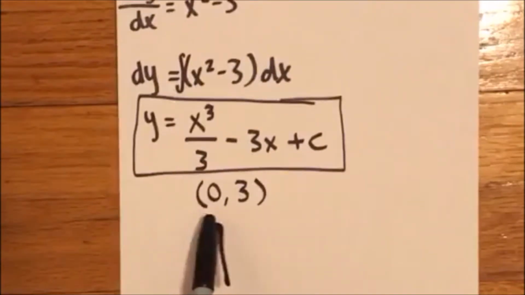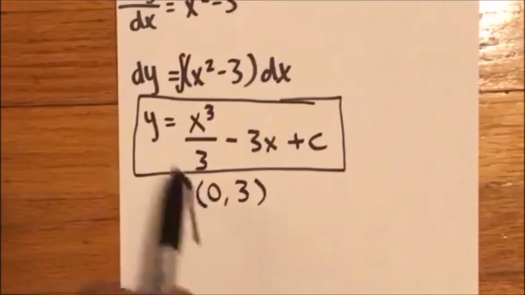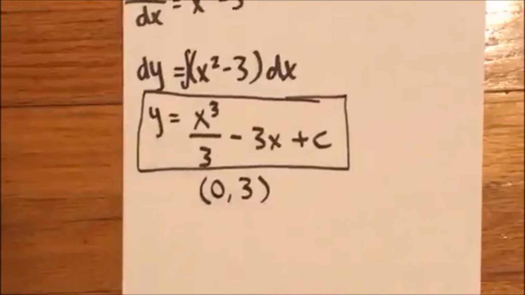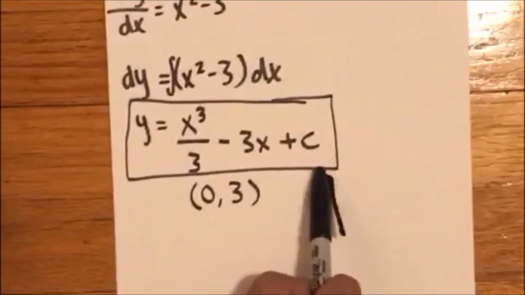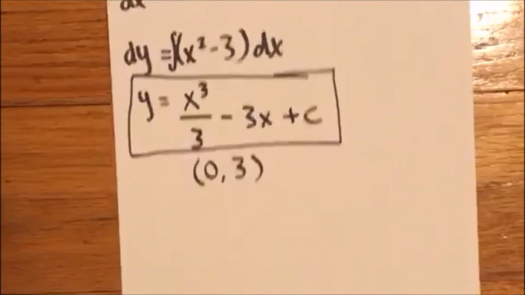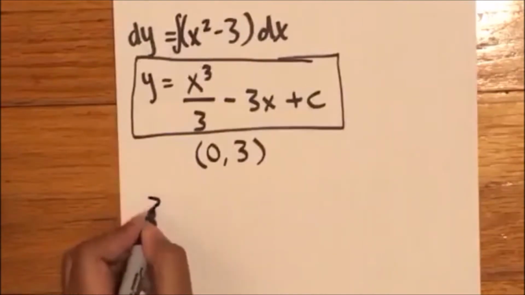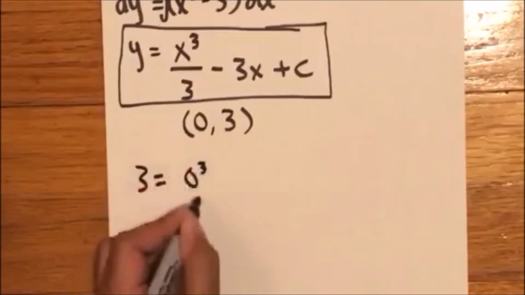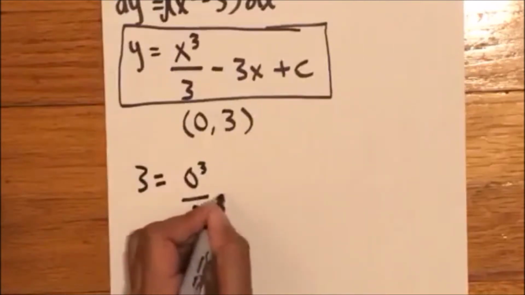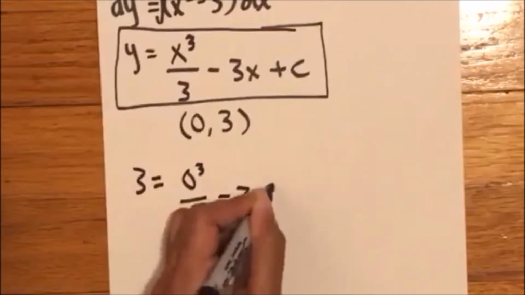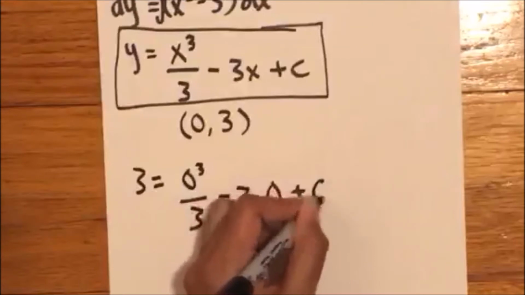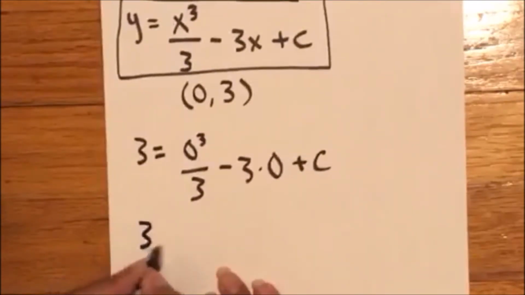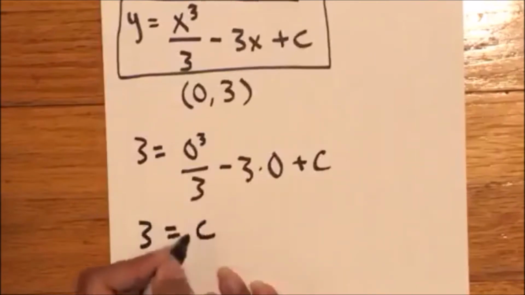So you'll plug in your 0 for the x values and your 3 for the y values to solve for this c, also known as the constant of integration. So 3 equals 0 to the power of 3 over 3 minus 3 times 0 plus c. And now we simplify, which gives 3 equals c.